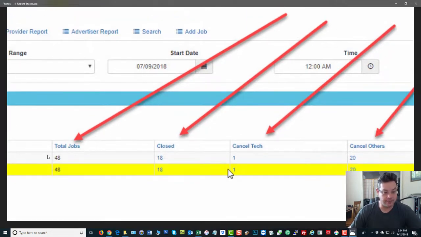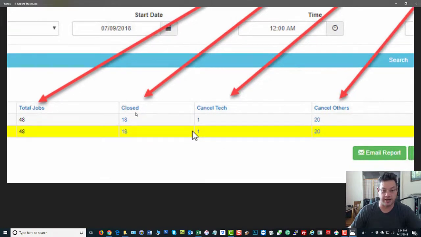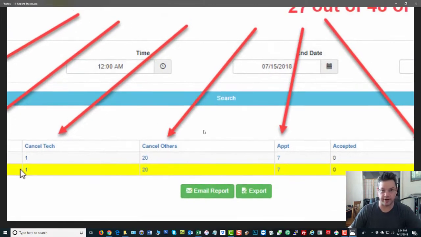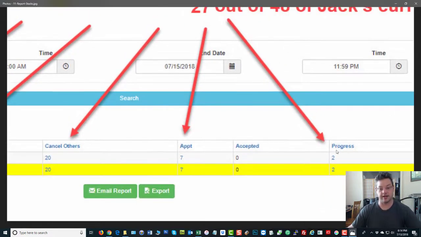He brought in 48 total jobs. 18 were closed. That's good. That means money's coming. 21 were canceled for various reasons, out of area, whatever. 7 are going by appointment still, or they're trying to land an appointment. I have to verify what that means.